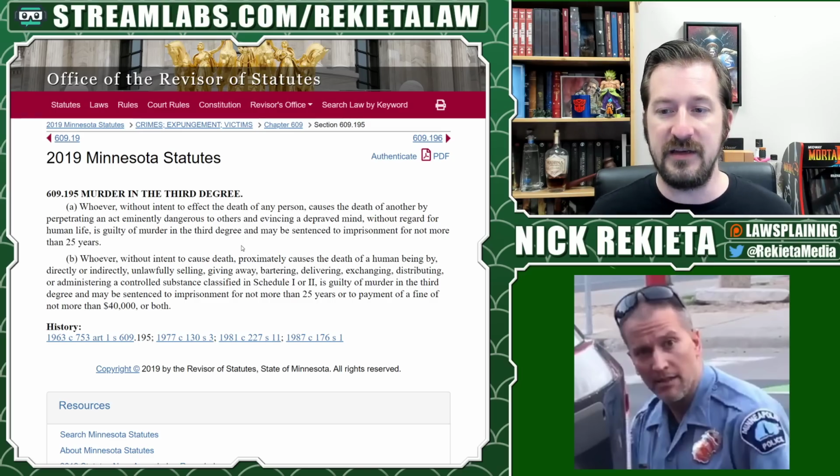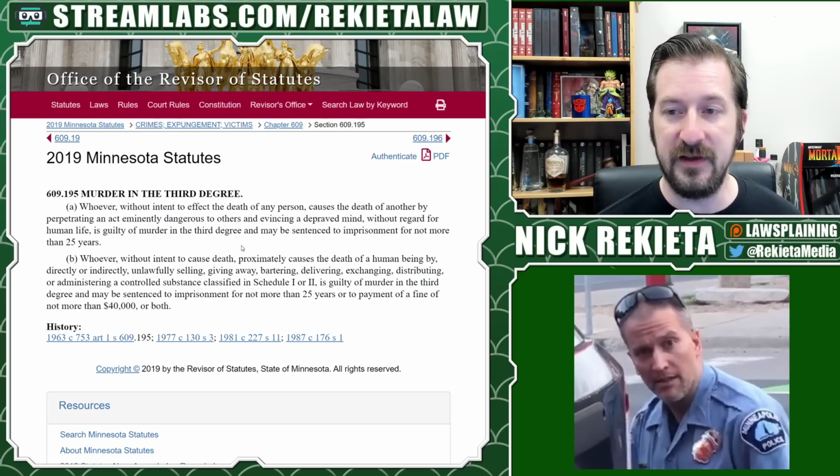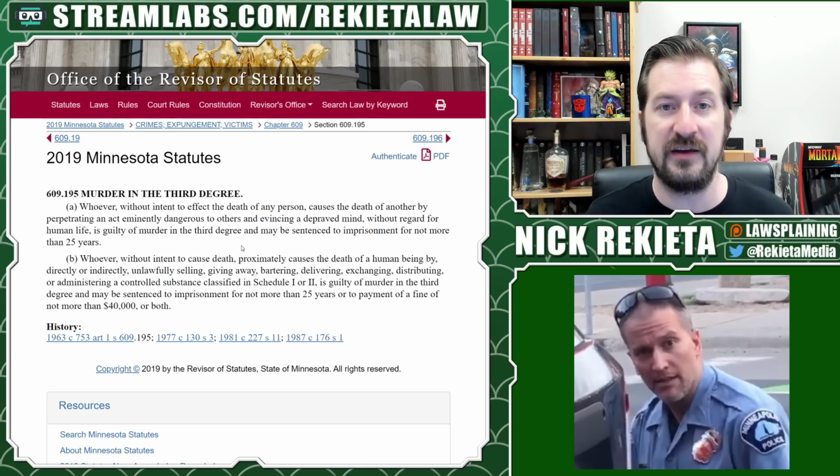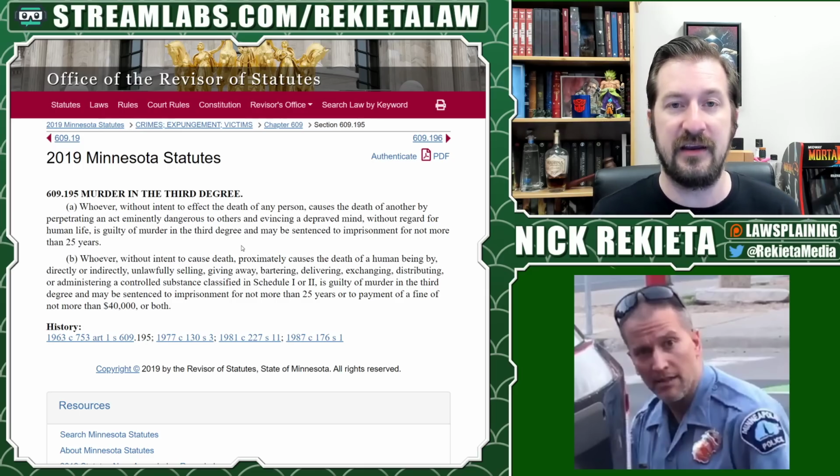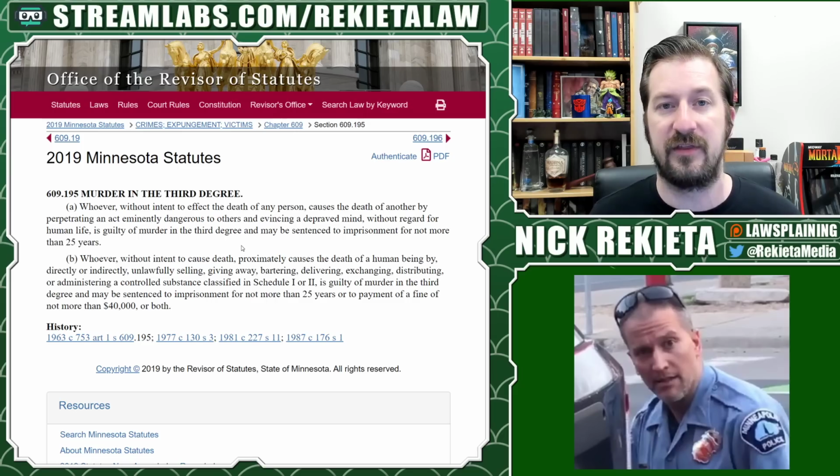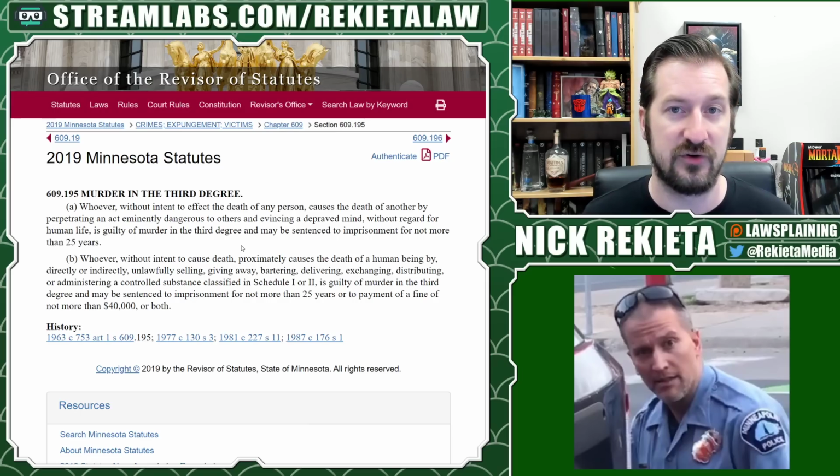So the idea here is that by placing the knee on the neck of George Floyd, he was not trying to cause his death specifically, but rather was acting with such disregard for the damage that that knee on the back of the neck could do, and it ended up causing the death of George Floyd.